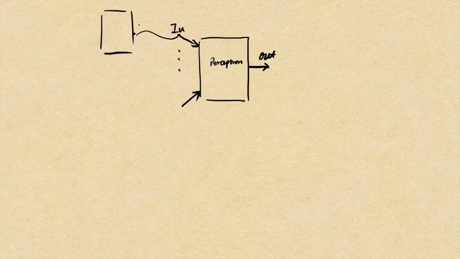Here is the output of this perceptron, but it is taken as the input of the perceptron of our concern here, and the same goes here. So we have multiple perceptrons serving as pre-processing units for this unit in the center, and all their outputs are connected to the input of the central perceptron here.